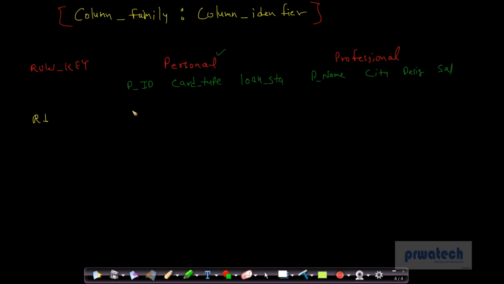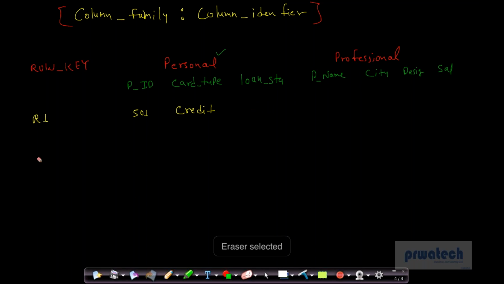PID, say, is 501. Card type is, let's say, credit card. The account is credit. Loan status, I don't know. I don't know the person's loan status. So you do not have any concept of null here. If there is nothing, this is empty.